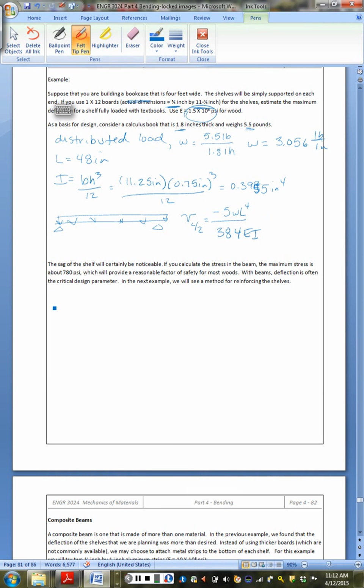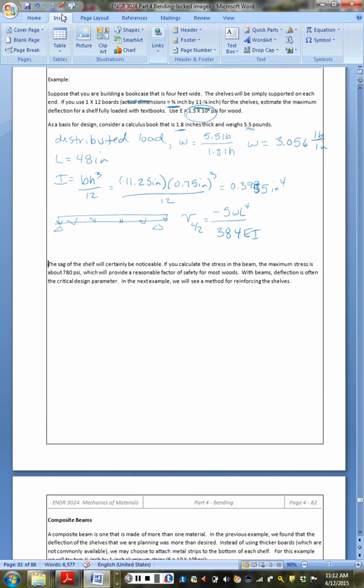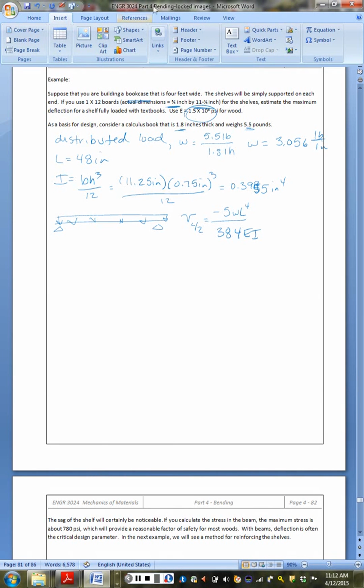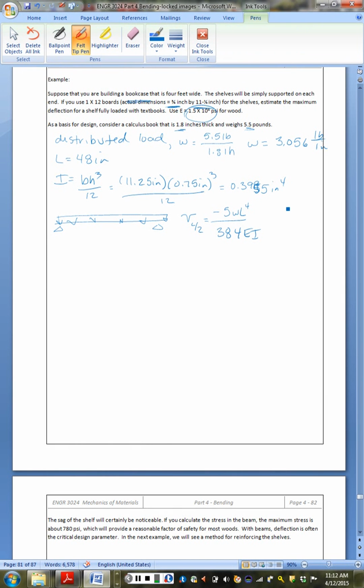And I, as usual, need a little more space for my calculations. So substituting in what we know, minus 5 times the magnitude of the distributed load times the length of the shelf to the fourth, over 384 times the bending stiffness.